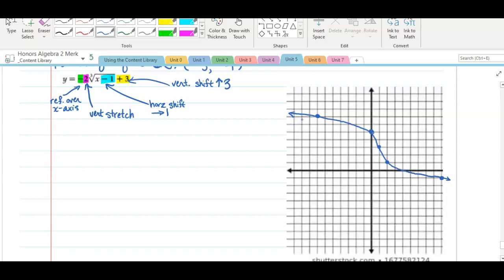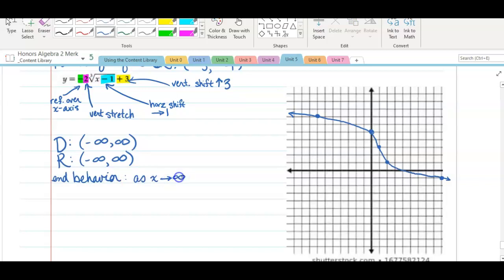All right. Our domain is going to be negative infinity to positive infinity. Our range is negative infinity to positive infinity. Our end behavior: as x goes to the right to positive infinity, I'm going down.